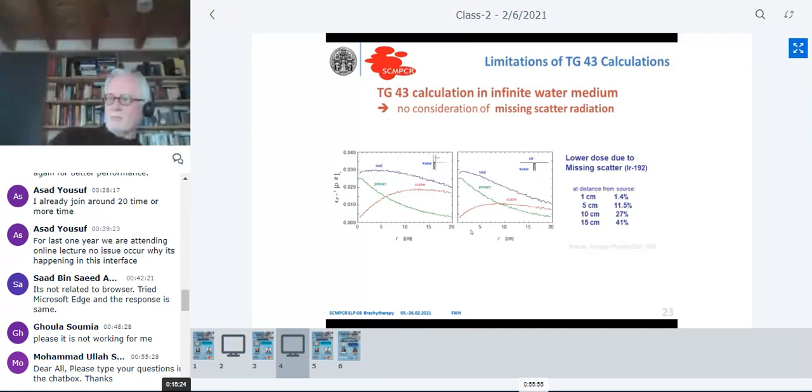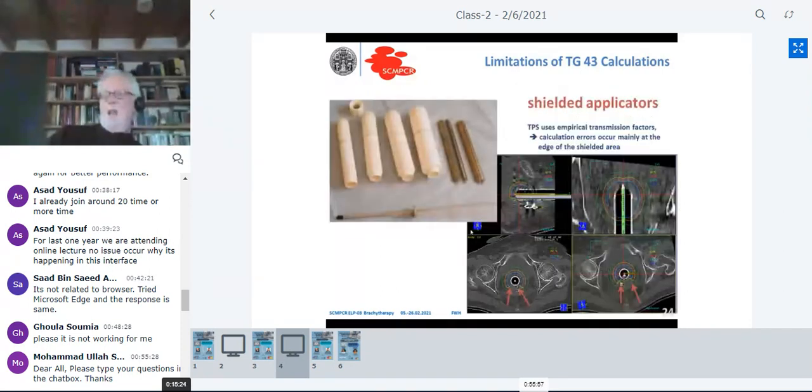So these differences are important if you use, for instance, shielded applicators, because in shielded applicators, your planning system will normally have some kind of a transmission factor with which it reduces the dose which passes through the shielding. Just if you don't know it, this here is what a shielded applicator looks like.